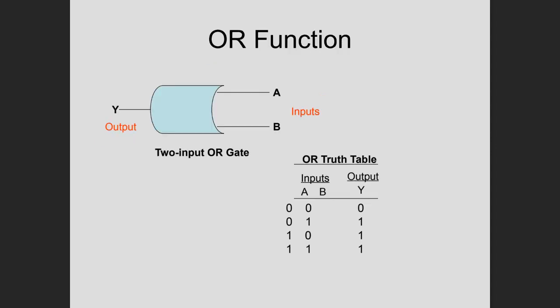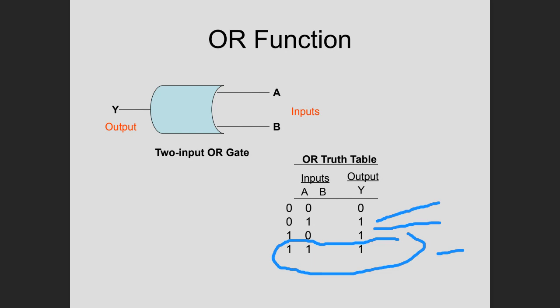Here's the OR. Sometimes you want to exclude the condition right here, because you mean one or the other, but not both, as in the dinner example. You don't mean this one. So I have to be able to pick up that representation of OR in a computer or in logic.